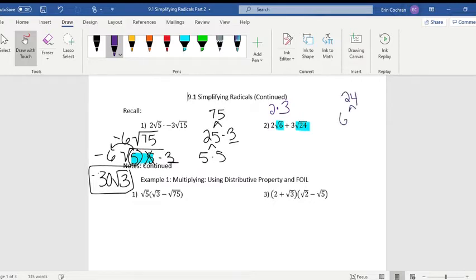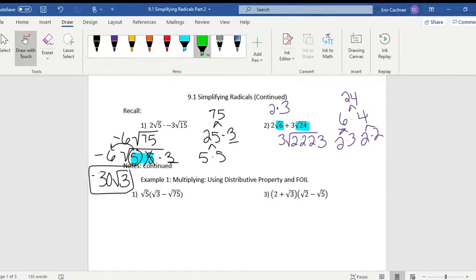24 breaks down to 6 times 4. 6 breaks down to 2 and 3, and 4 breaks down to 2 and 2. So we have 3 on the outside, and then underneath we have three 2s, 1, 2, 3, and a 3. This is all multiplication. And then we look for a pair.